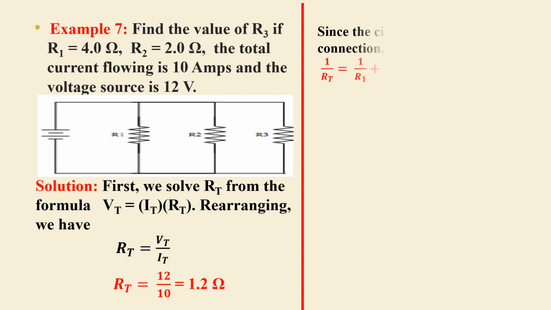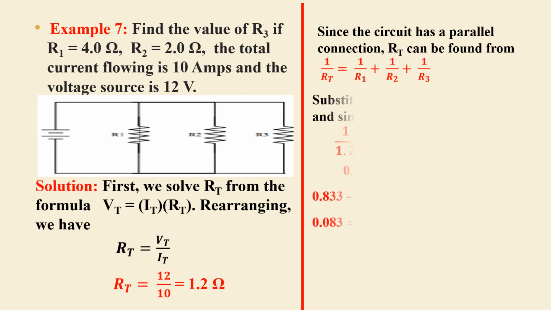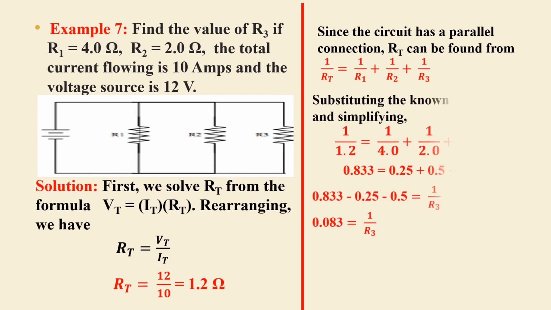ohms. Since the circuit has a parallel connection, R sub t can also be found from 1 over RT equals 1 over R1 plus 1 over R2 plus 1 over R3. And substituting the known values and simplifying, we have 1 over 1.2 equals 1 over 4 plus 1 over 2 plus 1 over R3.